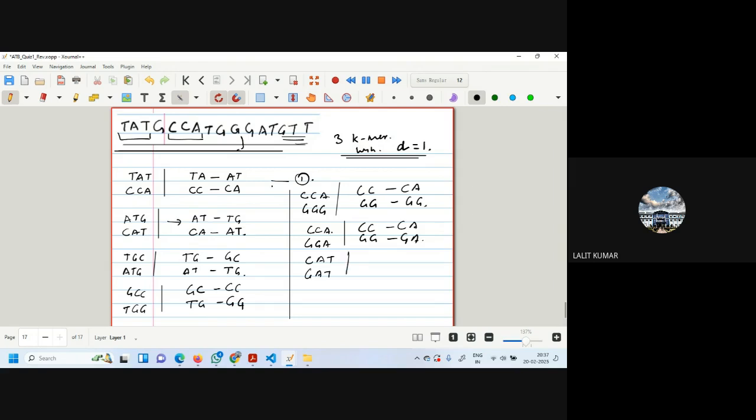So this, CA, AT, GA, AT. And here, let's cover the full CAT. Now we come to ATG, and this will be ATG, ATG. So ATTG, ATTG.